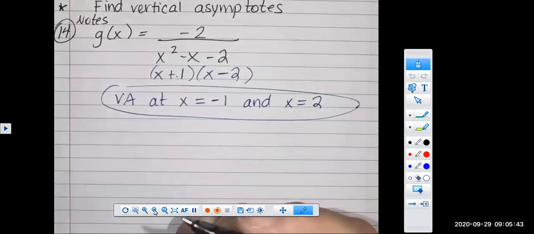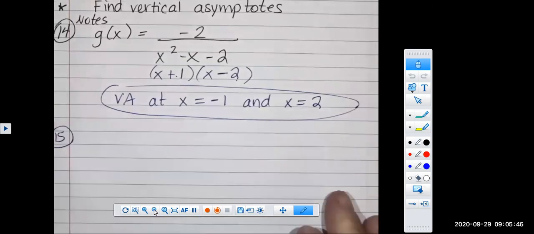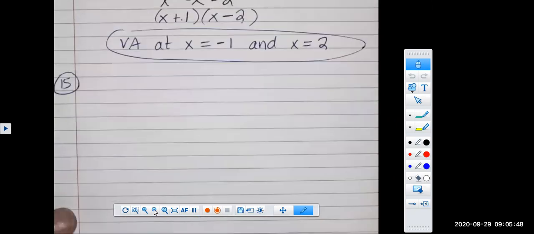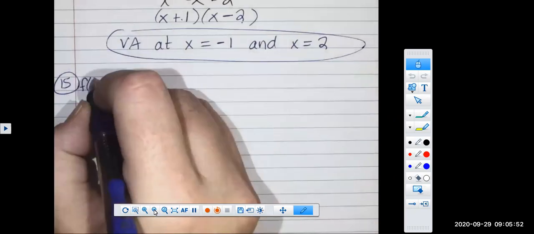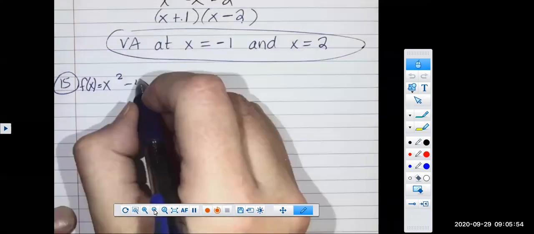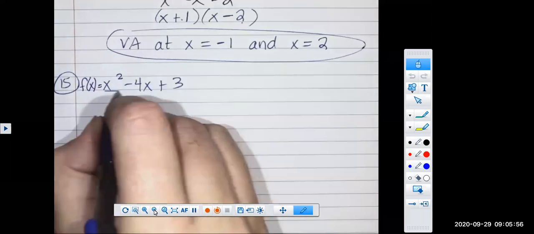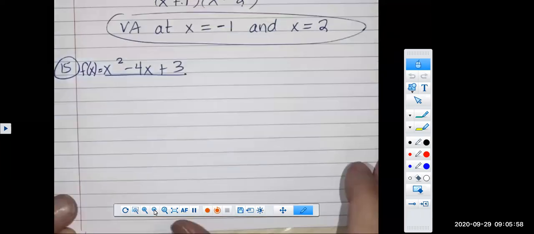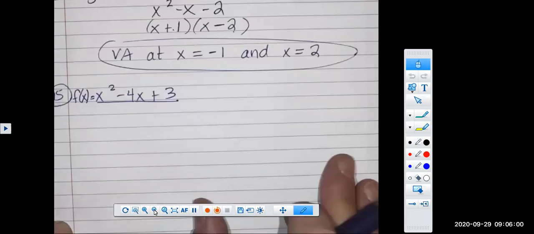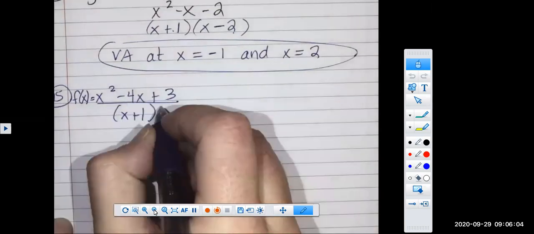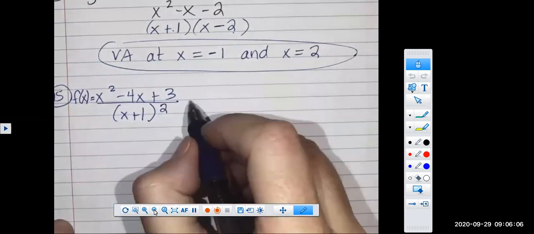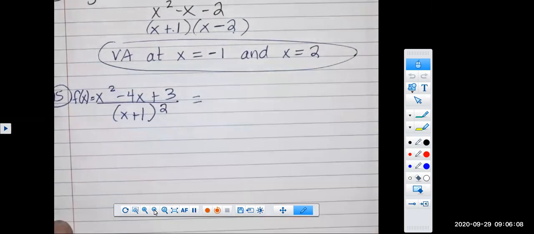Okay, this is 15. You have f of x equals x squared minus 4x plus 3 on top, and on bottom, x plus 1 squared. So in this case, the bottom's already factored.